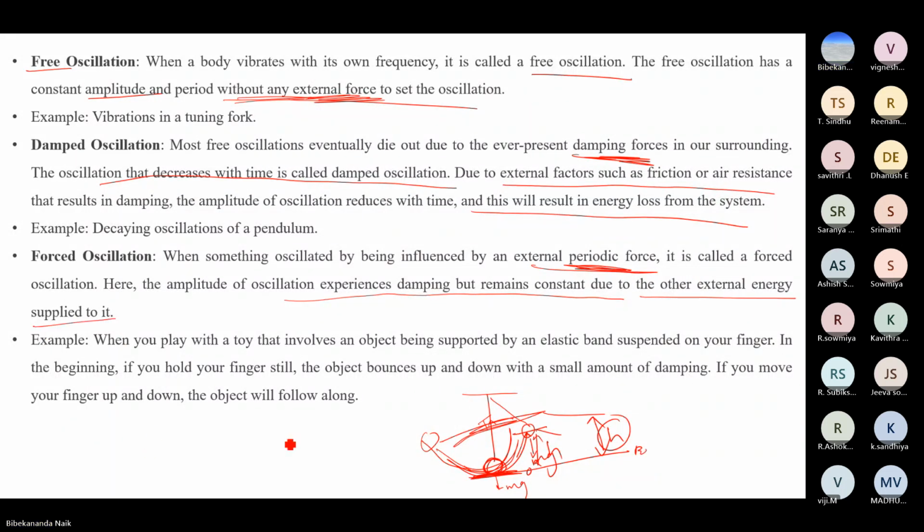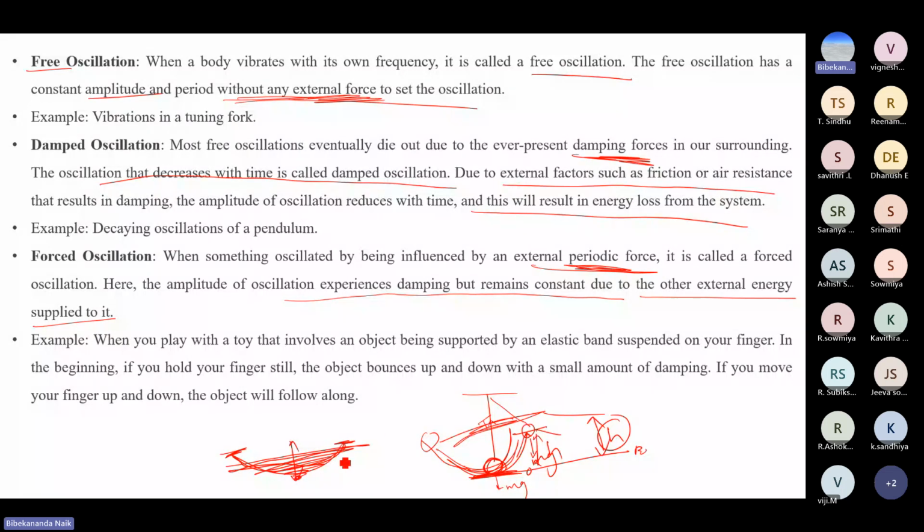Suppose, similarly, we can take the same example. Suppose we are oscillating the simple pendulum, and this is the height it went above its equilibrium position. But as time increases, the height will be decreasing and it will eventually come to its equilibrium position.